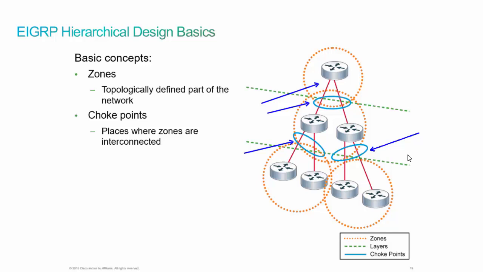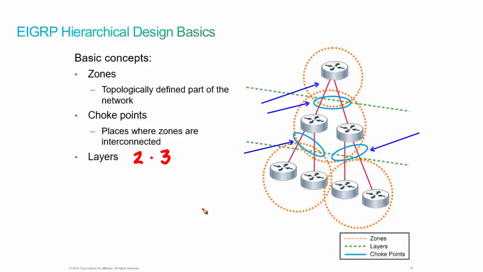Now the third piece is a layer. One of the questions that we ask ourselves when we design this hierarchical EIGRP topology is, how many layers are we going to have? Typically, what we end up seeing is 2 to 3 layers. In general, 2 layers is very simple. 3 layers is often preferred when we want to do resource restriction policies.